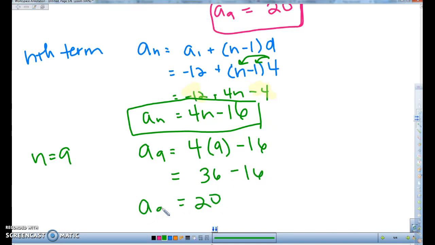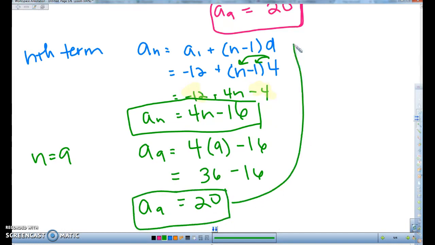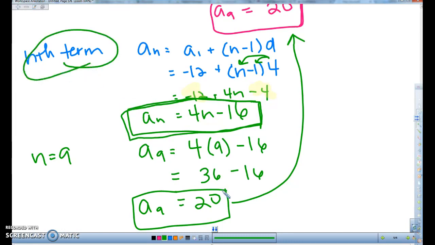We get a sub 9 equals 20, which, hint, is that same thing we got up here. Okay, but we just simplified our equation a little more before solving and plugging things in. Okay, so a lot of times they will ask you to find this nth term before they ask you to do anything else.